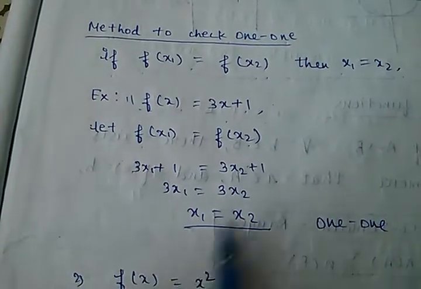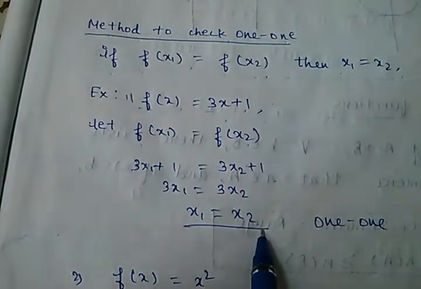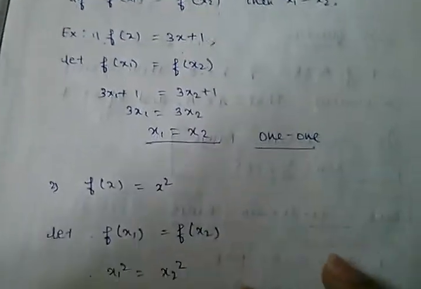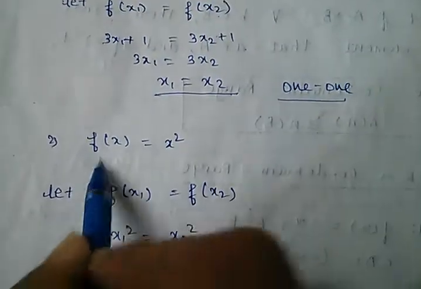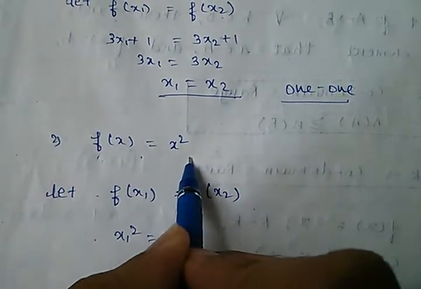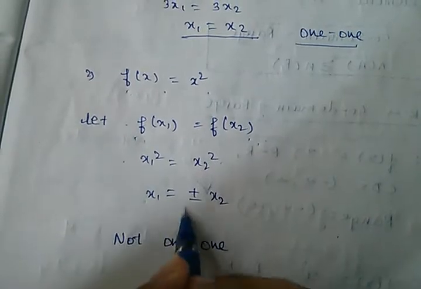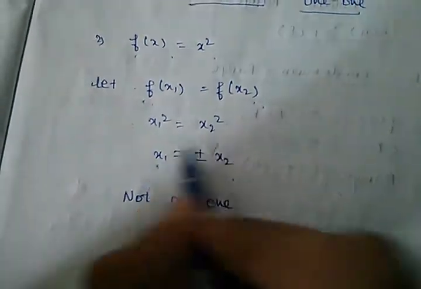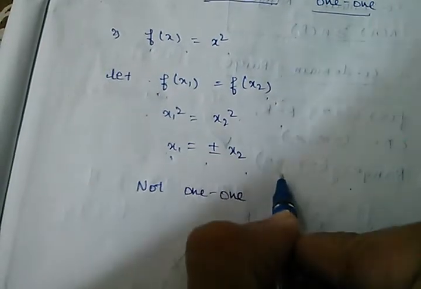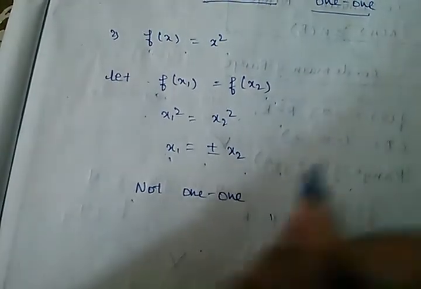On proceeding, we'll get that x1 equal to x2. So this is one-one. Similarly, if we take another example, f of x equal to x square, proceeding in the same way, we have x1 equal to plus or minus x2. So this shows that x1 is marked to plus x2 as well as minus x2. So this is not one-one.